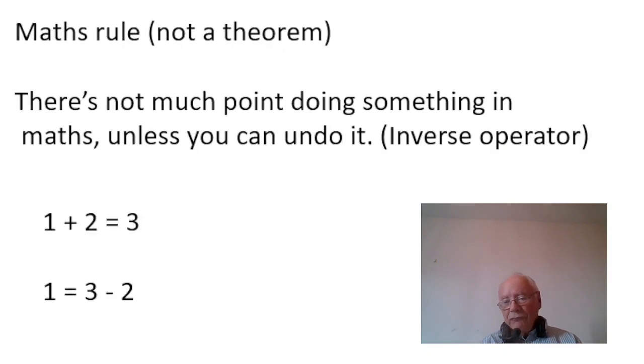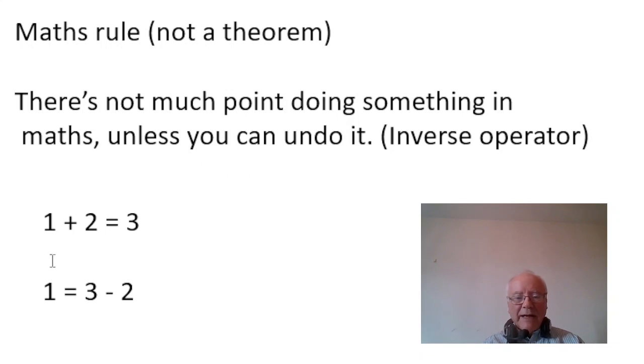Now, there's a rule in math. It's not exactly a theorem, and I'm sure there are things that go against it, but there's basically not much point to doing anything in maths unless what you do can be undone. In mathematics, this is called an operator and an inverse operator.